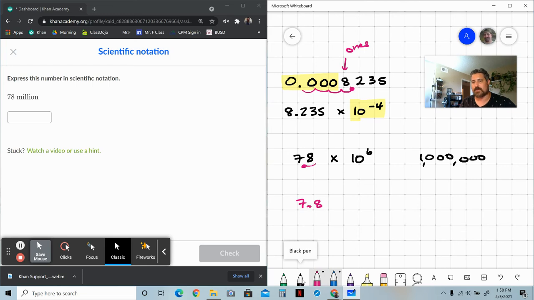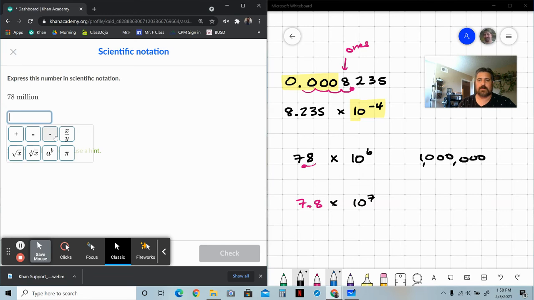So you're going to change that 6 to a 7. So it's going to be times 10 to the 7. And what that's basically telling you is that 78 million is the same as 7.8 times 10 million. And so this is going to be 7.8 times 10 to the 7.